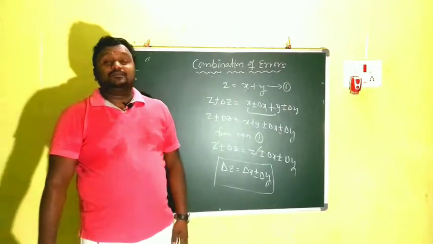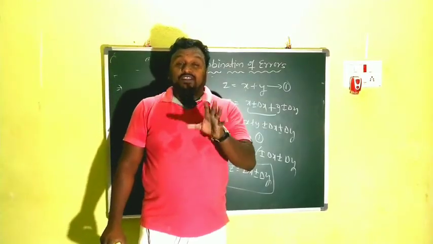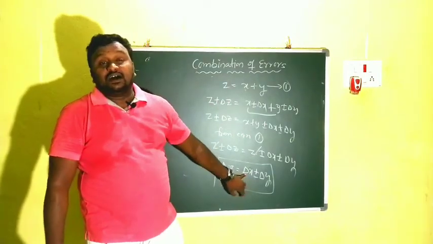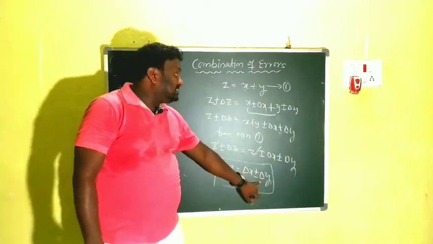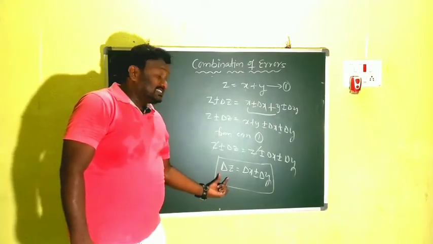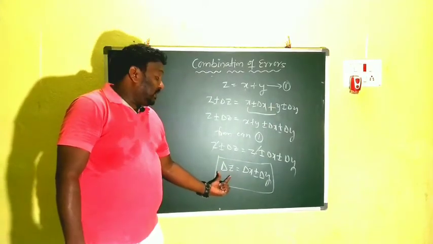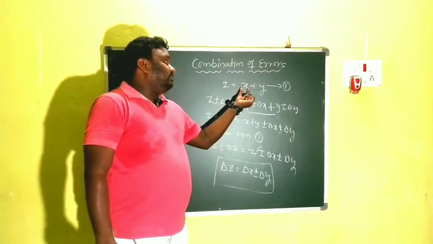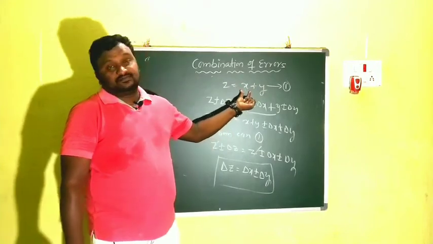What is delta z? Absolute error of result. And what is delta x? Absolute error of x. And what is delta y? Absolute error of y. That means the resultant absolute error is nothing but the sum of the absolute errors of the individual quantities.